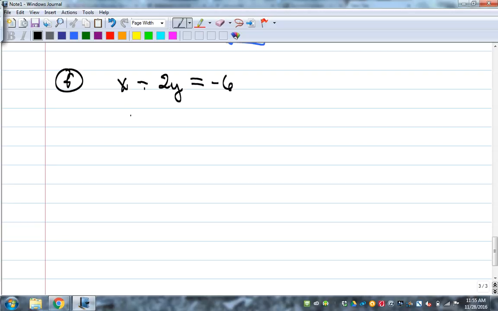And then the second equation might be something like 4x plus 6y equals +4. Neither of those says x equals this or y equals something.